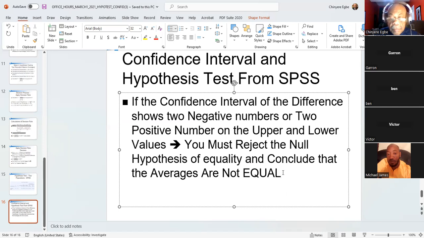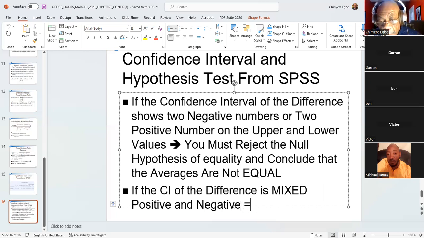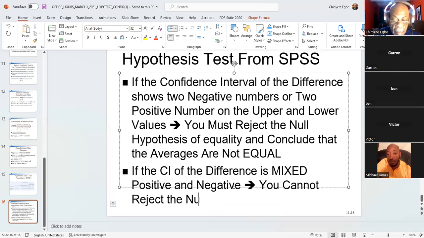All right. So if the confidence interval of the difference is mixed, positive and negative, then we cannot reject the null.